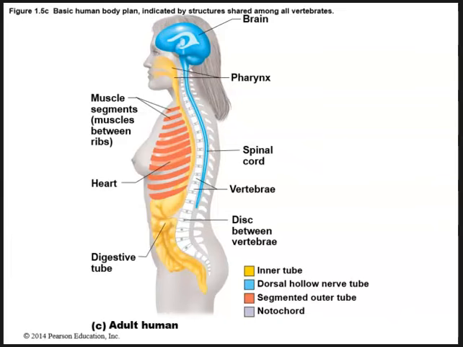The notochord embryologically is a stiffening rod in the back just deep to the spinal cord, but in adults the complete notochord will eventually be replaced by vertebrae. Some of the notochord does persist as the cores of the discs between the vertebrae, the intervertebral discs.